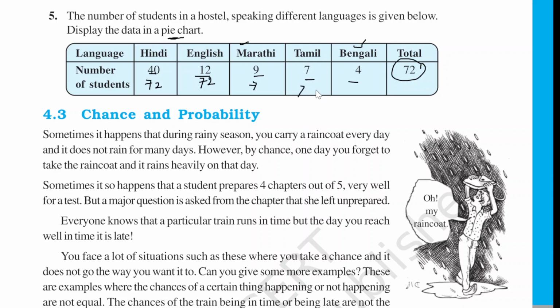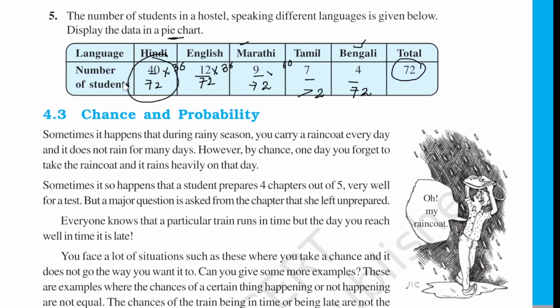Actually, when I write closer things, the marker gets messed up. This is in the form of ratio. Now you have to find the central angle. To find the central angle, you have to multiply them by 360 degrees.